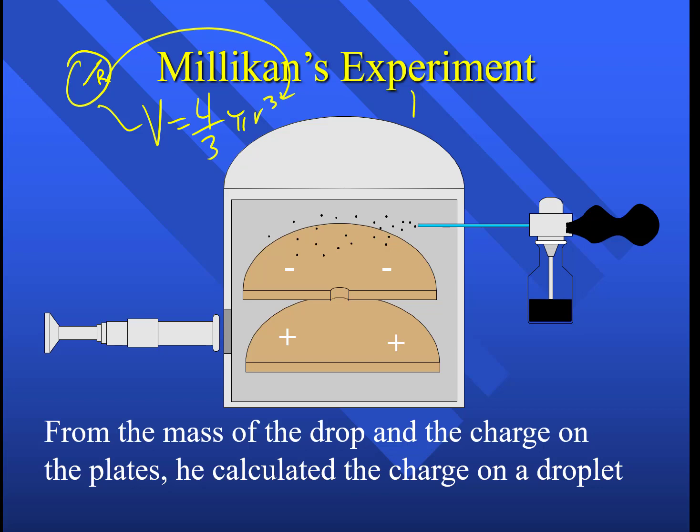And mass is density times volume. So you figure out the radius, that'll tell you how big it is, and then you plug that volume in here, and you can figure out how heavy that drop is without weighing it. That was a bizarre use of the density equation. We're expecting density to show up right here, but he used the density of the oil to figure out how heavy that tiny drop was. It was really tiny.